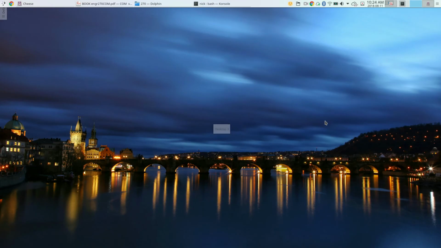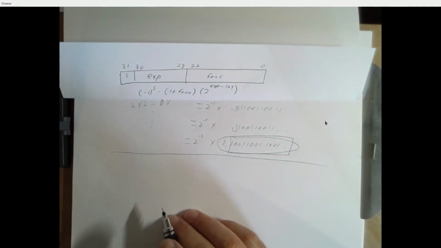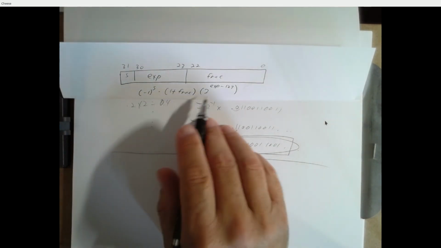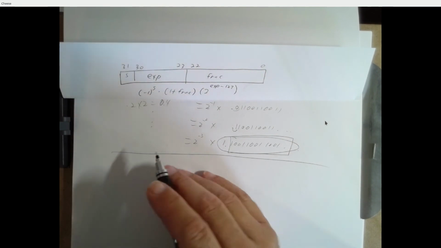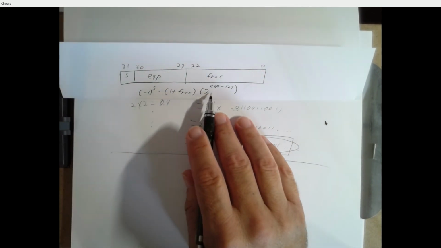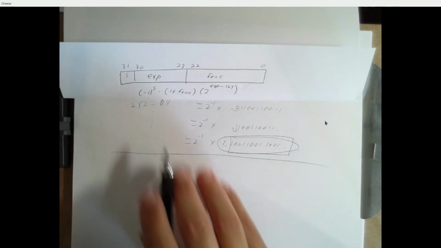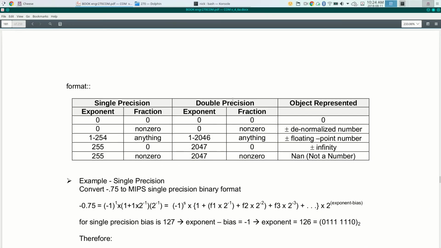And that's important because the way that we've been using this, right, we cannot write 0 as some power of 2 times 1 plus a fraction, because 1 plus a fraction is always going to be at least 1, and a power of 2 is always going to be bigger than 0. And so there's no way that we can actually represent a 0 using this formula. So we have special rules for if the exponent is 0, fraction is 0, that's the number 0.